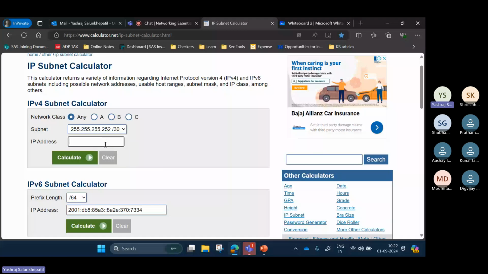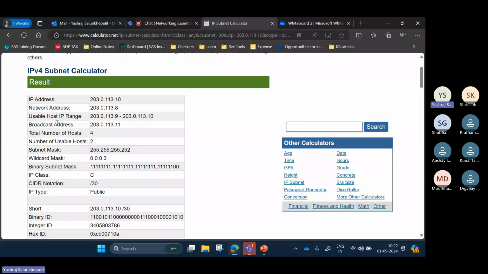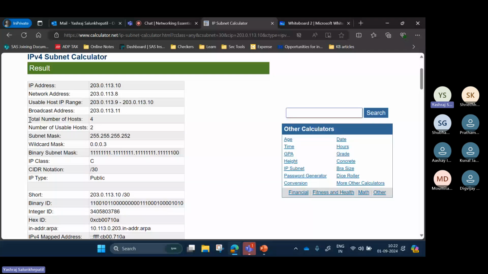So our IP address will be 203.0.113.10. ठीक है. Now see, I'll tell you what network address, broadcast address is. But for now, see, total number of hosts 4, number of usable hosts 2. ये हमारा सबनेट मास्क जो था. ठीक है. CIDR notation like I told you /30.